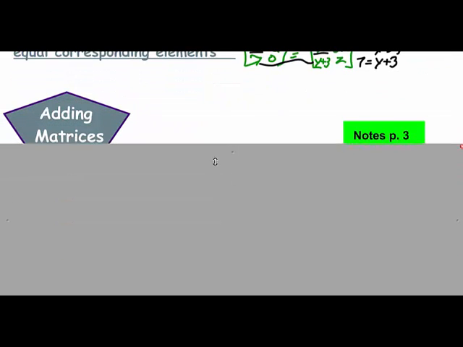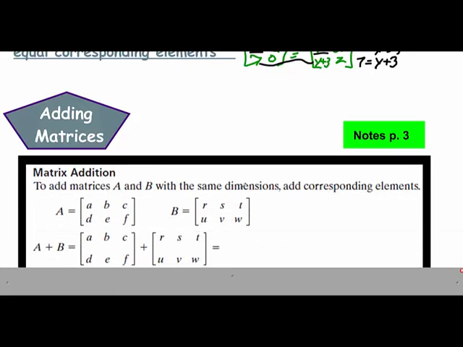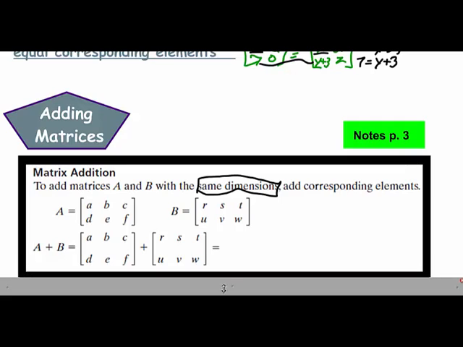Going down a little bit more, let's figure out adding and subtracting matrices. To add them, the first thing that we need to know is that they must have the same dimensions. It is required. If they ever don't have the same dimensions, we cannot add, we cannot subtract. So it has to be something that has the same number of rows, and they also both have to have the same number of columns.